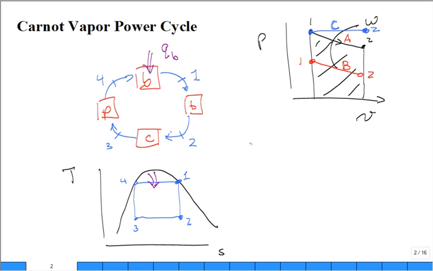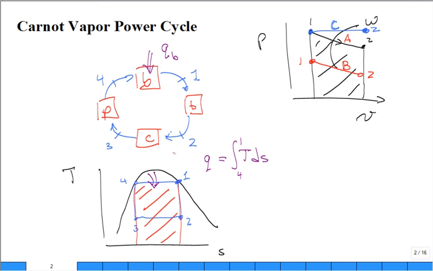And so if I integrate T ds, lowercase s, specific entropy, is that lowercase q coming into the system in the boiler, if I go from state 4 to state 1? Exactly, it is. And so we can draw in that area just like this. It goes all the way down to 0, just like the PV diagram went all the way down to absolute 0 pressure, here 0 Kelvin.